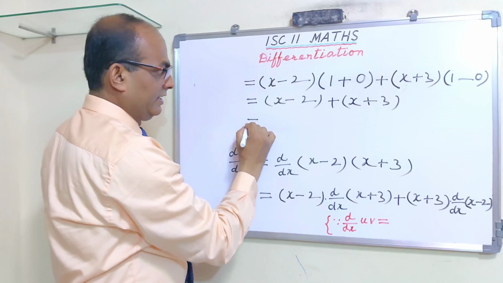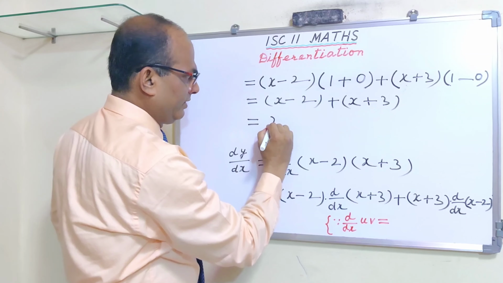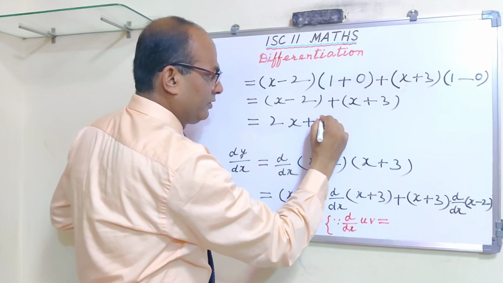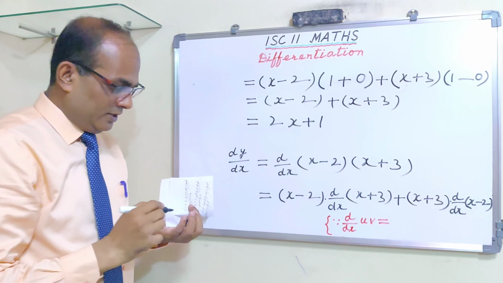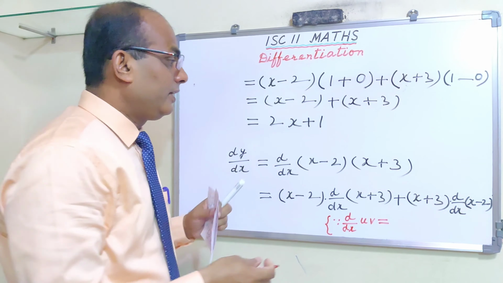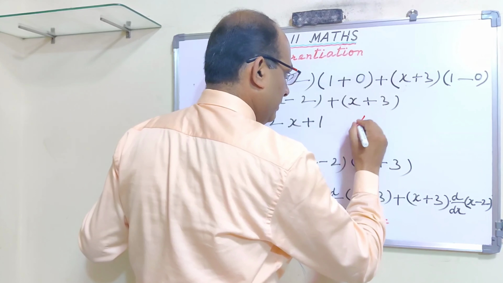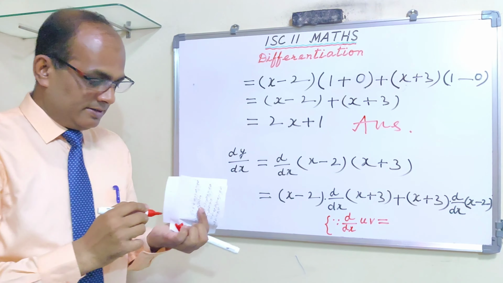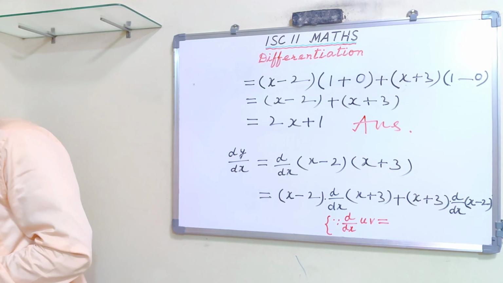Open it and then you get x plus x is 2x and 3 minus 2 is 1. So 2x plus 1 is the answer. Got it? Fine.